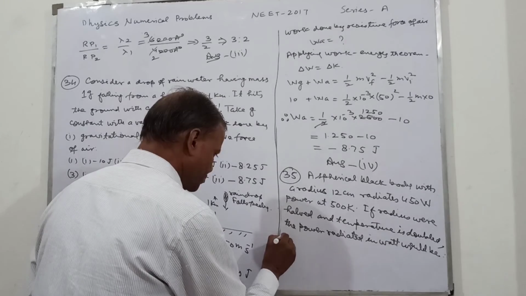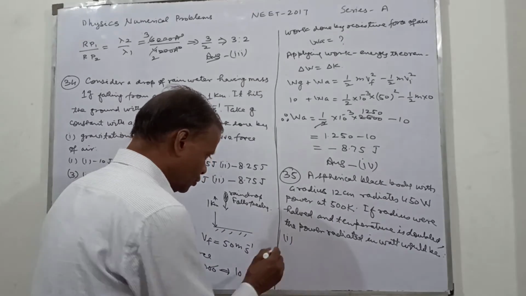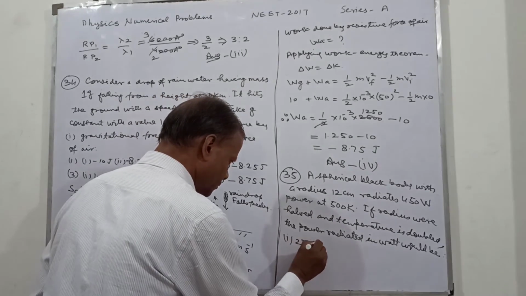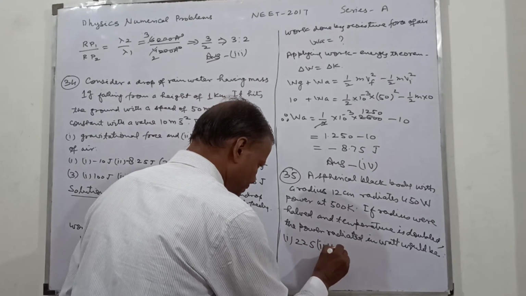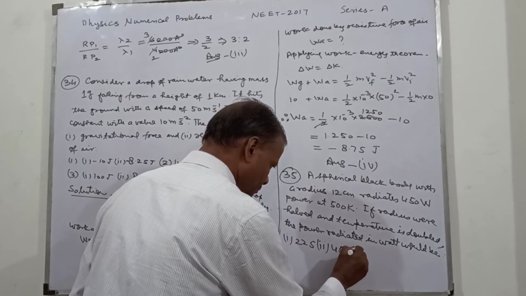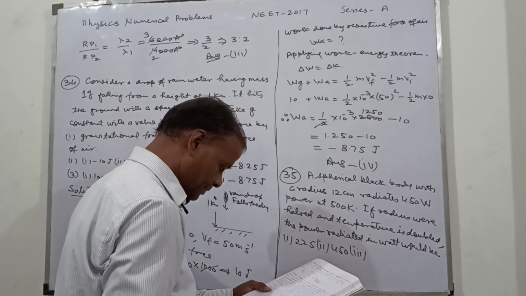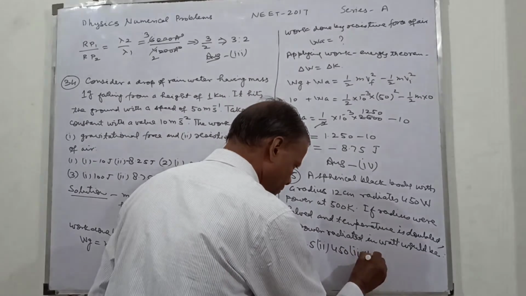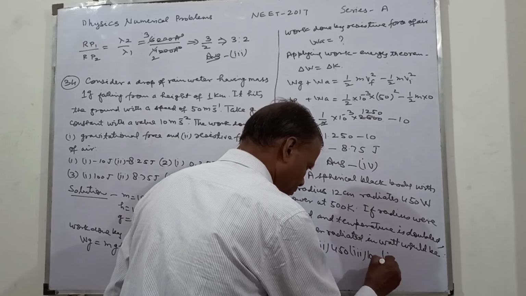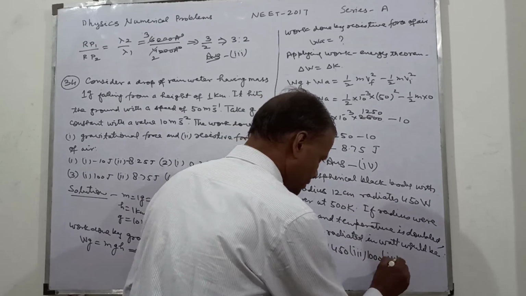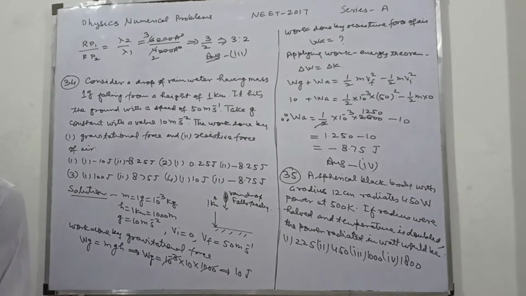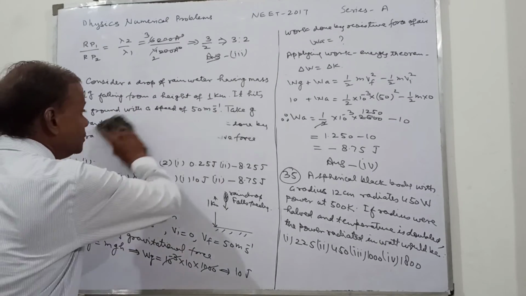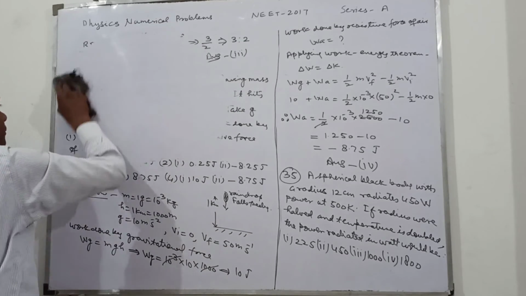now we have the options. First option is 225, second is 450, third is 1000, and fourth is 1800. This is the question. You are given a black body.